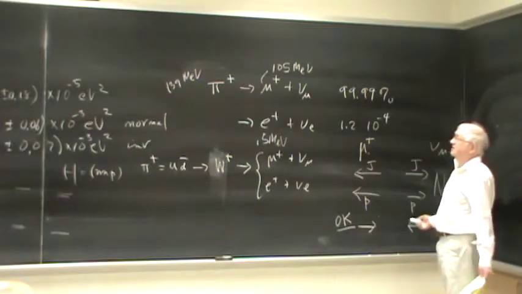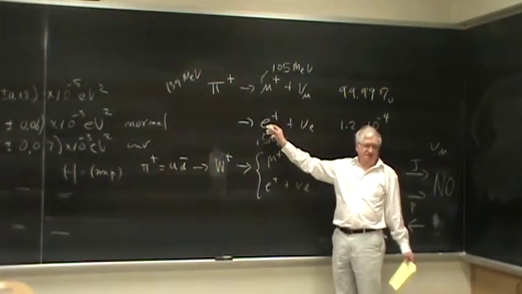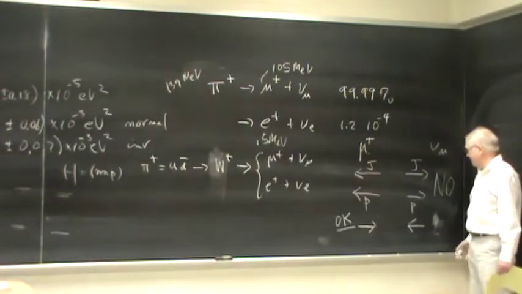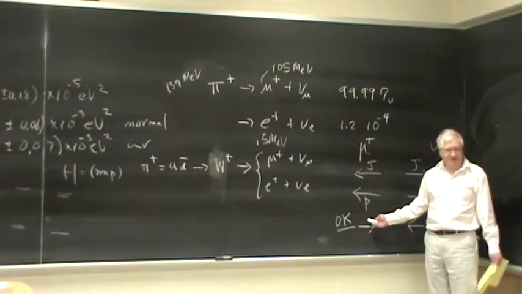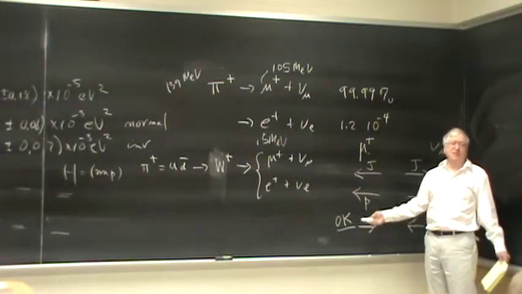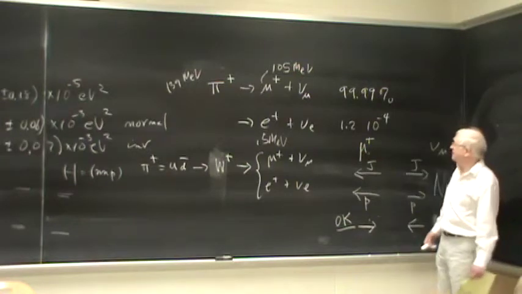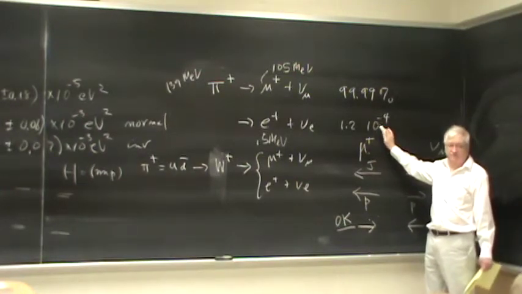Okay, now we go to the electron. Well, the electron here is relativistic. The neutrino is relativistic. So if we do the same analysis here, we get no, and then we get no. Okay, but because the electron mass is half an MeV, we do get a tiny branching ratio, 10 to the minus 4.